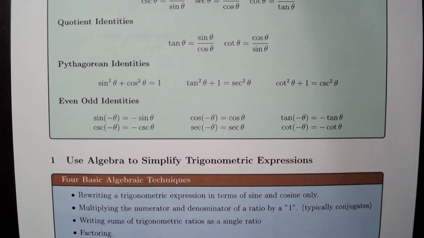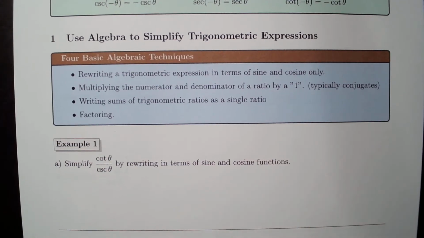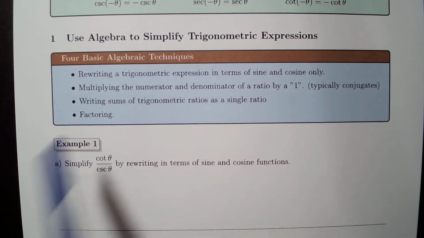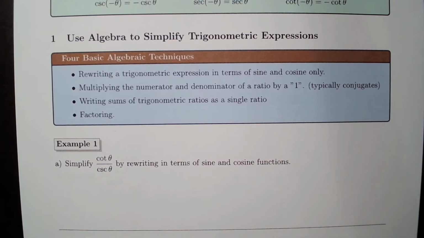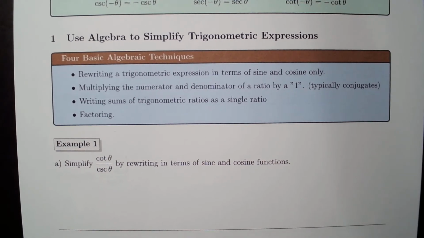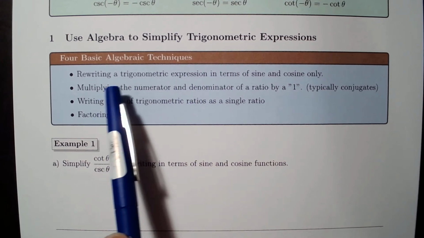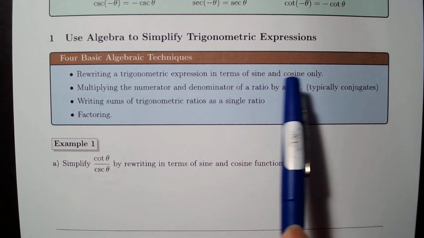All right, so what are we going to do here? We are going to make use of four techniques to manipulate expressions, to simplify them, or to establish identities. The first is rewriting a trigonometric expression in terms of sine and cosine only.